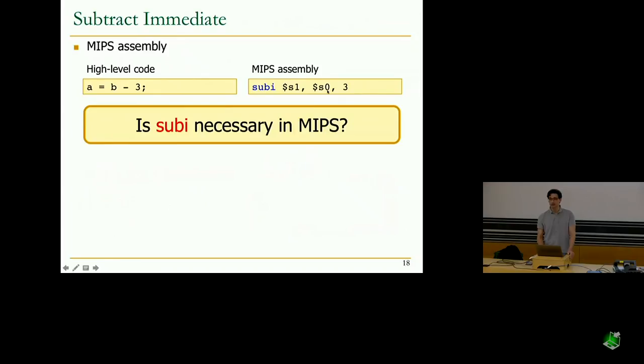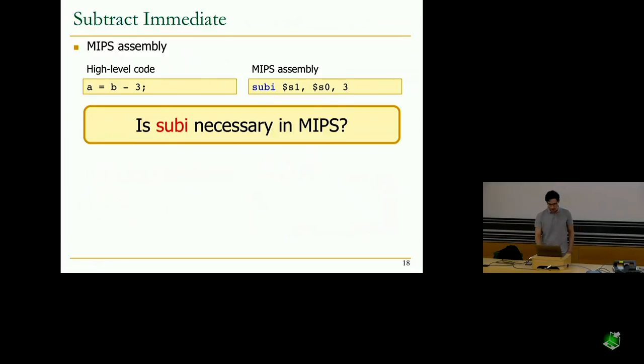But is this really necessary? What do you think? Can't we just calculate the 2's complement of 3 while writing the code? Yeah, that's more or less the way we are going to do it. Actually, we don't even need to calculate the 2's complement if the value that we have is positive.